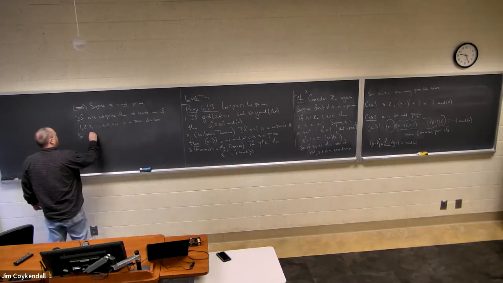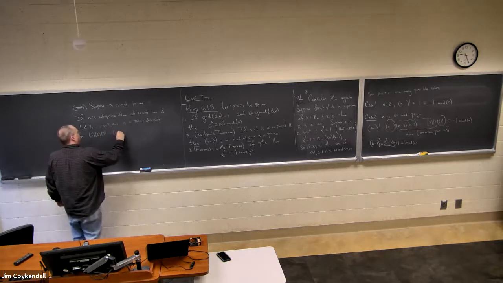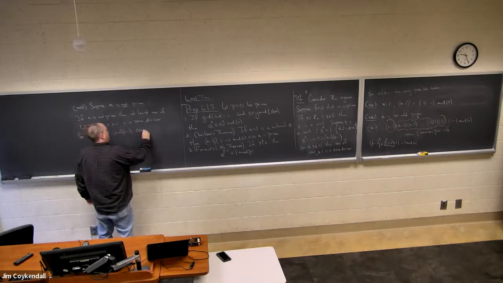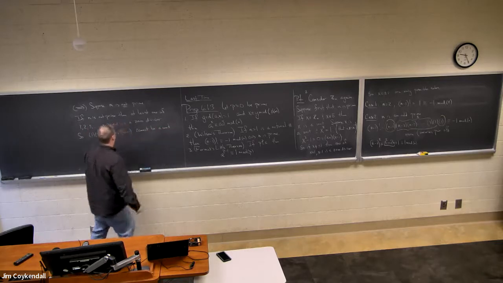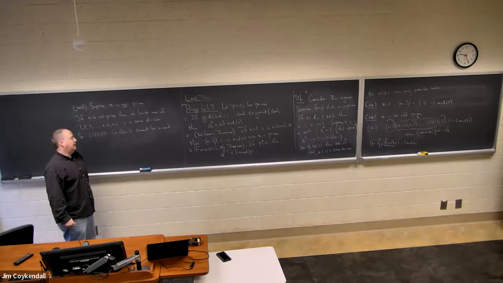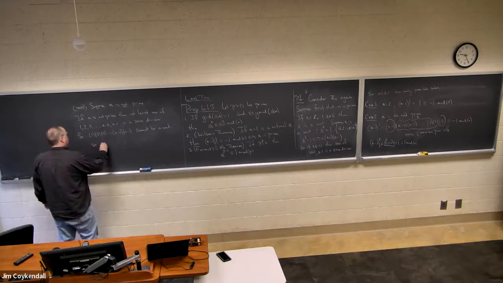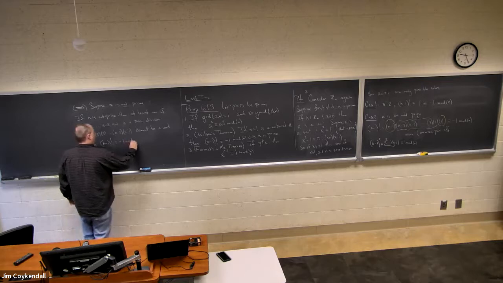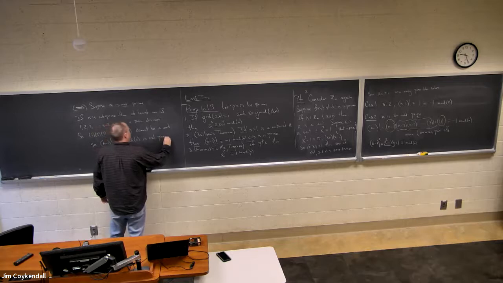So 1 times 2 times 3 up to n minus 2, n minus 1 cannot be a unit. Because if any one of these is a zero divisor, then the whole product has to be a zero divisor. And of course, minus 1 is always a unit. So this gives a contradiction.